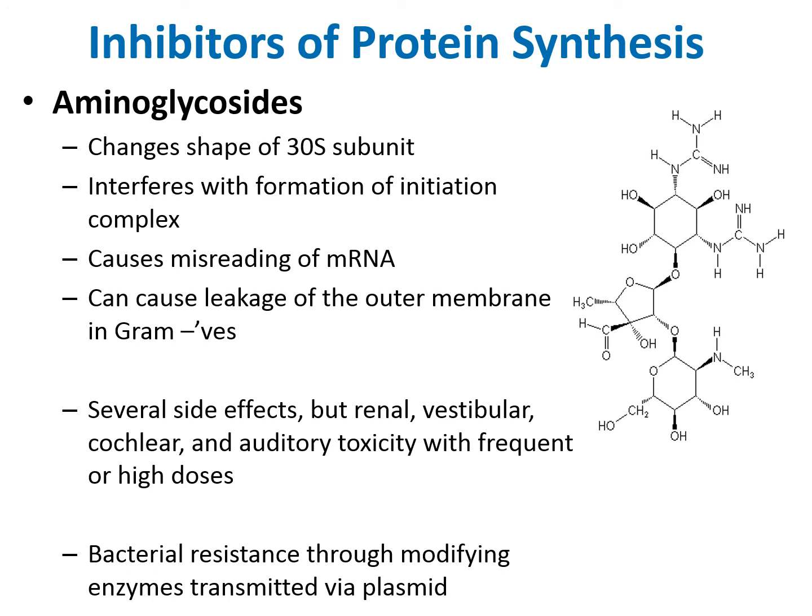Now, one thing that we kind of looked at or mentioned when we were talking about drugs that target the cell wall is resistance. So many bacteria have mechanisms in them to resist the effects of antibiotics.